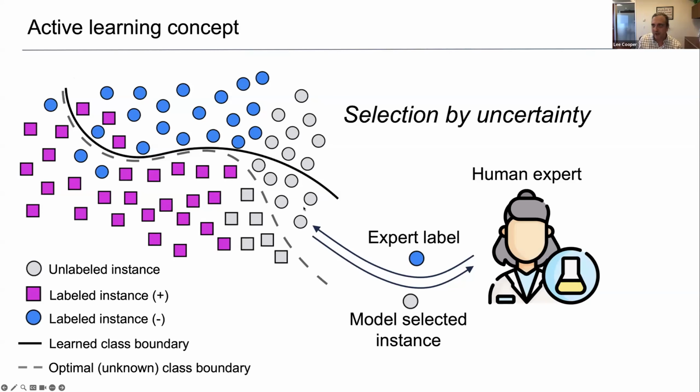That's just the decision boundary of the model. We have two classes, pink squares and blue circles, that are separated by this optimal boundary, although not perfectly. And then we have a bunch of unlabeled examples here. The way these systems work is typically to look for the best unlabeled examples, and so they might pick examples over here to try to bring the optimal and model solutions close to each other.